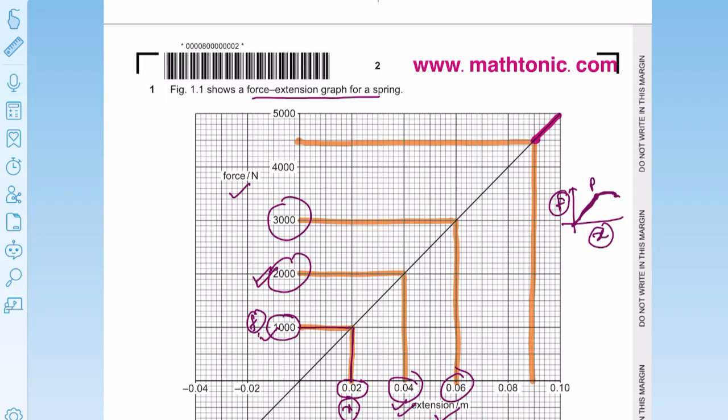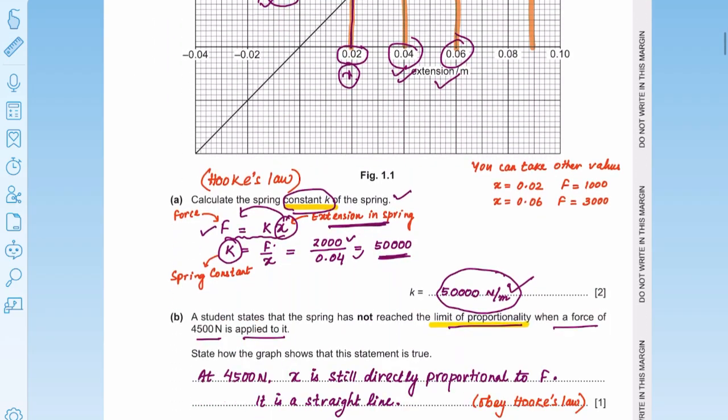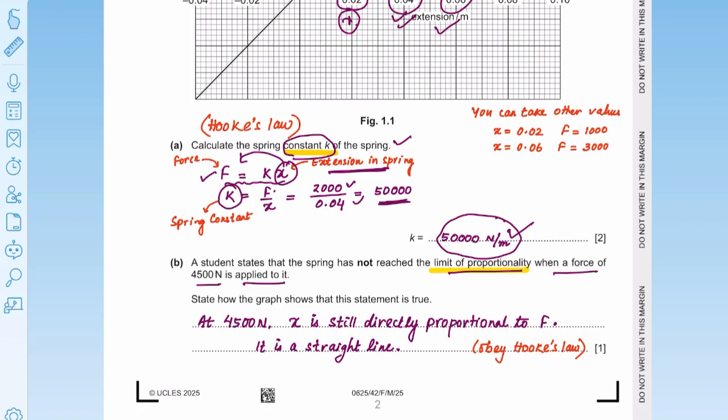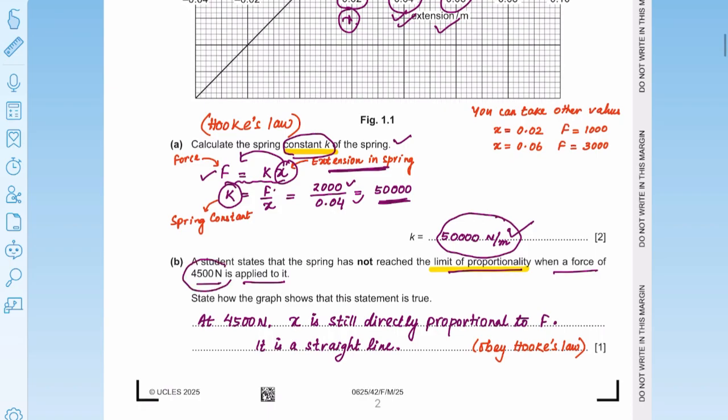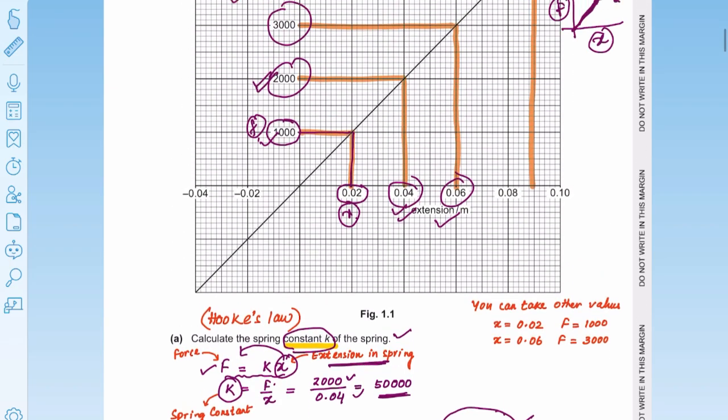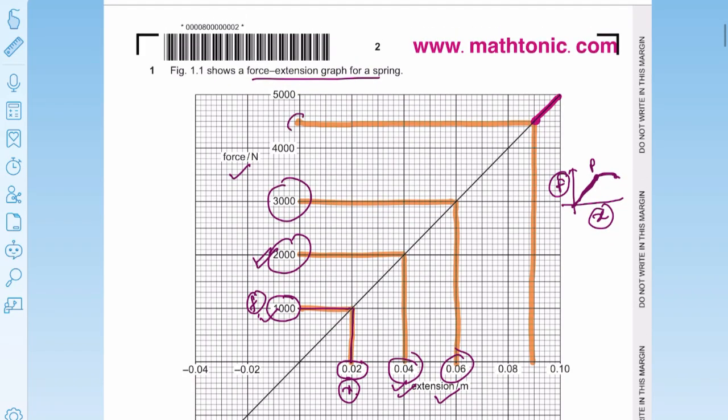Got it? But in this case, as per the question, a force of 4500 Newton is applied to it. Let me check here. So this is 4500. When I draw a parallel line to this one, it meets here. After this it is also a straight line, right?